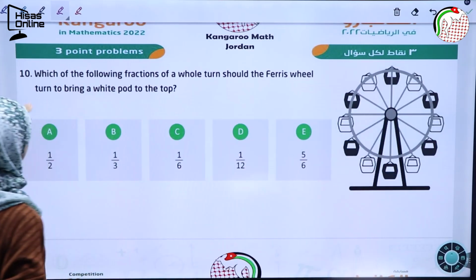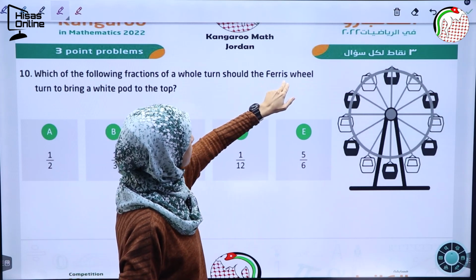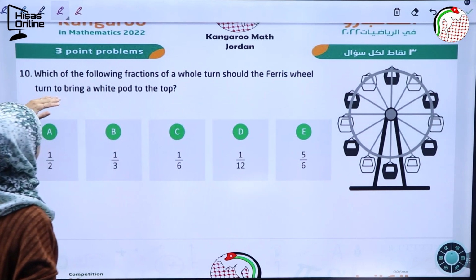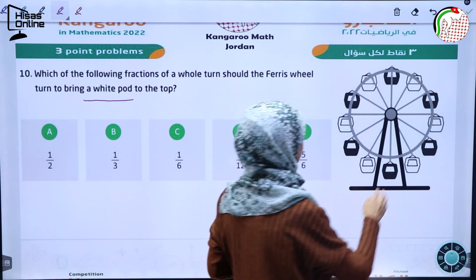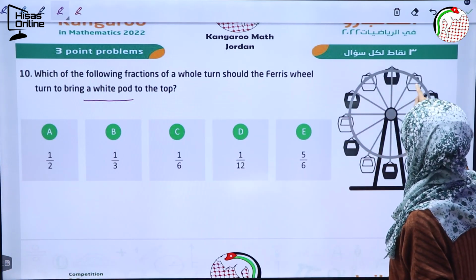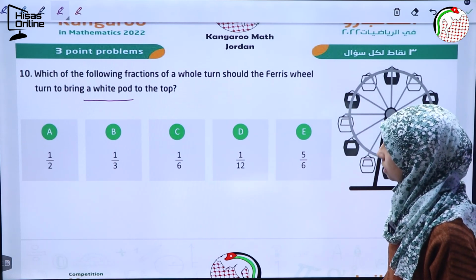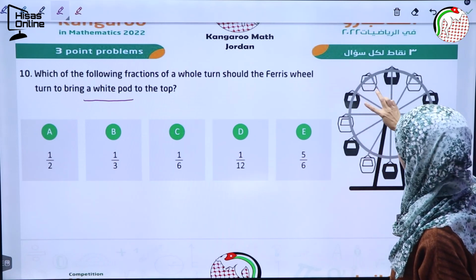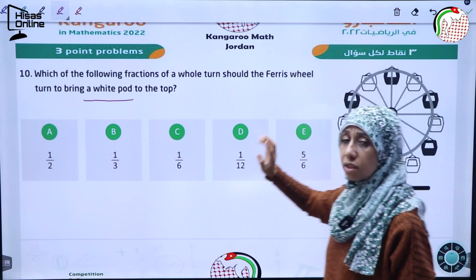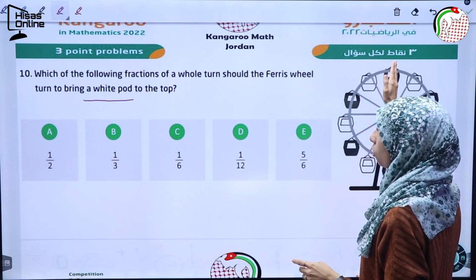Question 10. Which of the following fractions of a whole turn should the Ferris wheel turn to bring the white pod to the top? This is the wheel, and those are the pods here. We need to see what fraction this wheel turns in order to have the white pod on the top.